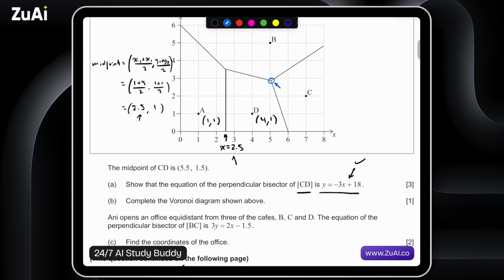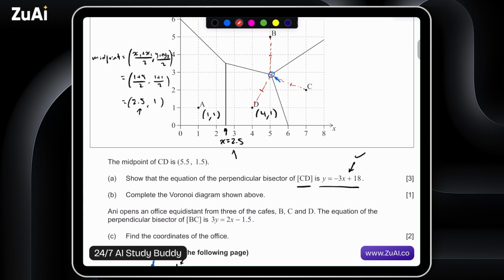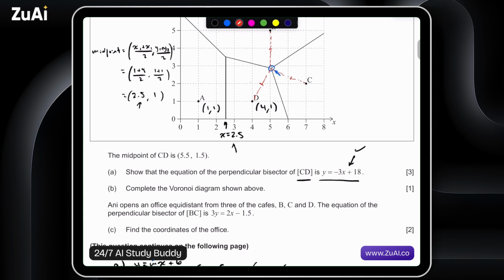Because at that point we're an equal distance away from B, C, and D. All of these will be an equal distance. So what are the coordinates of this office?